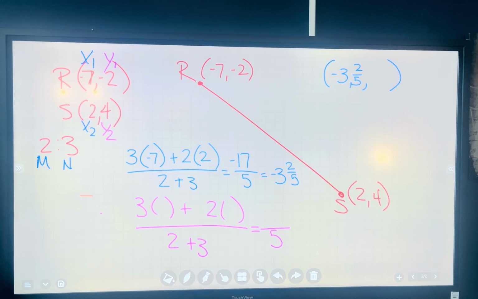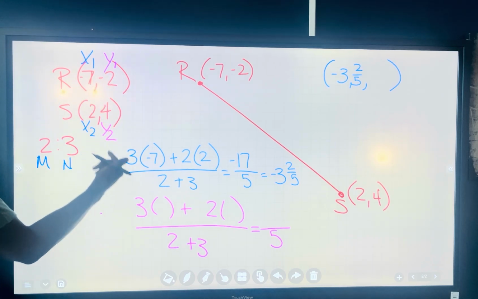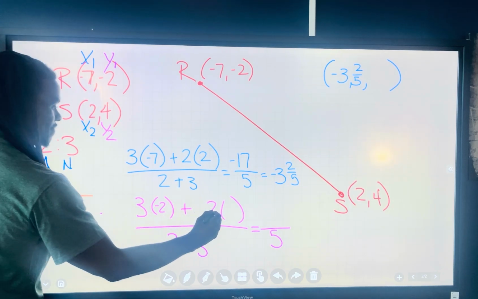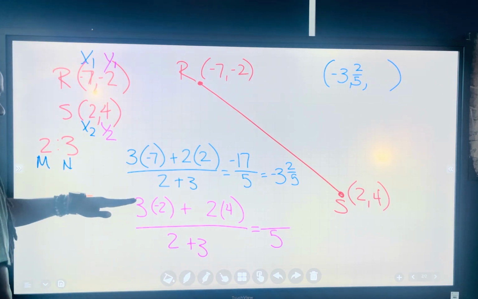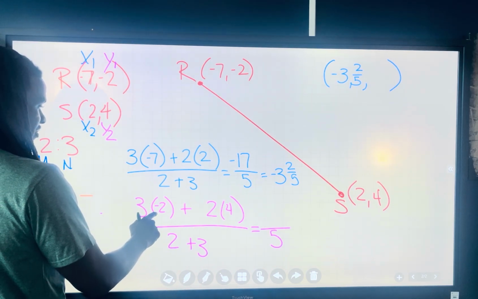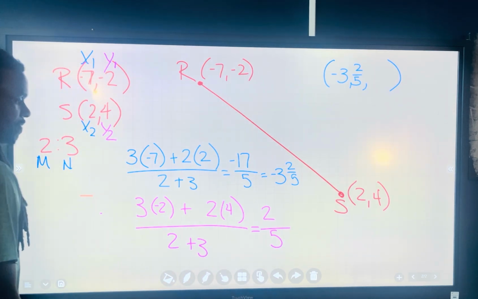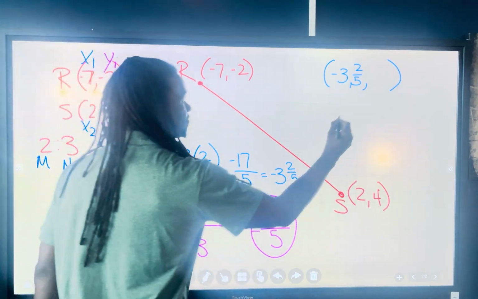I'm kind of fast forwarding, but when you see it on the replay, it'll make perfect sense. So your Y1 in this case is what? -2. Let's go. My Y2 is what? 4. Boom. So when we add this up, this becomes -6 plus 8, which just becomes 2 over 5. And we can keep that as our answer.